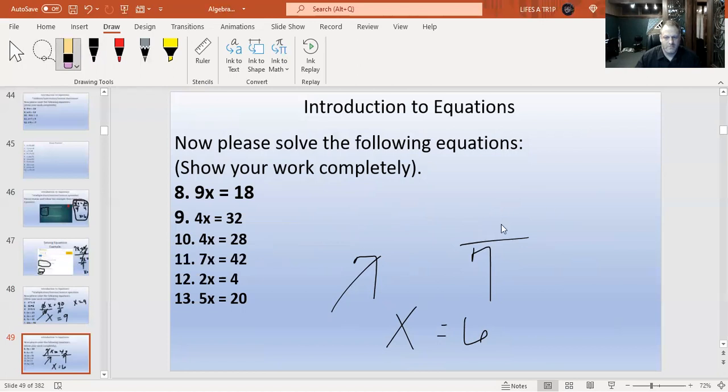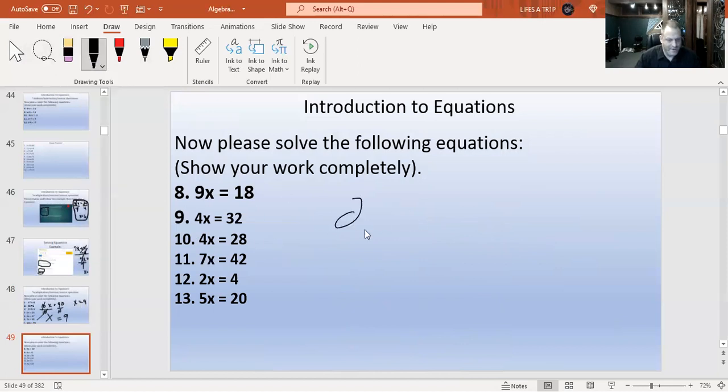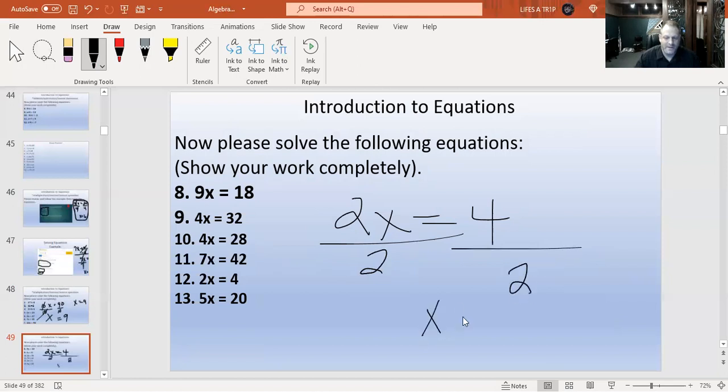Guys. Number 12. 2x equals 4. All right, divide by that 2. x equals 2. All right, guys, quick math, 2 into 4 is 2.